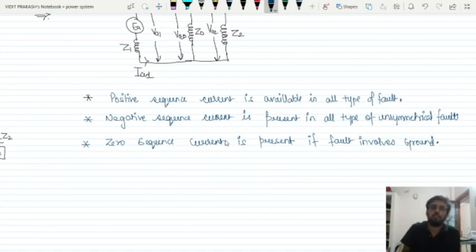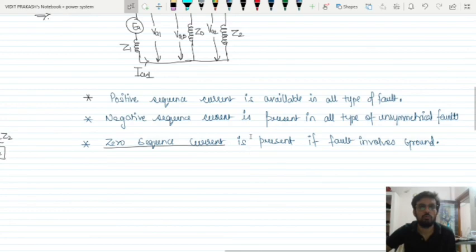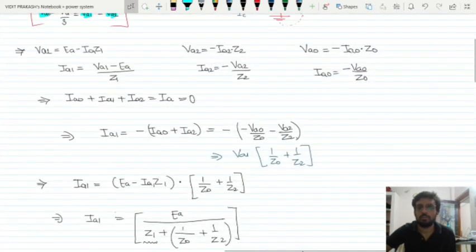Then only zero sequence current will be available. So this is all about unsymmetrical fault.